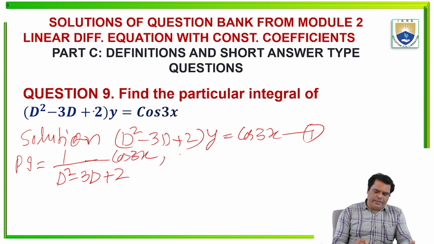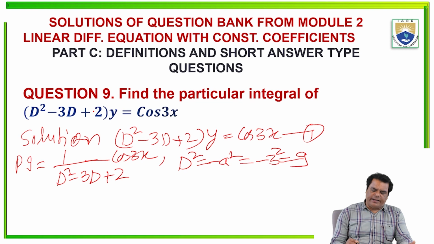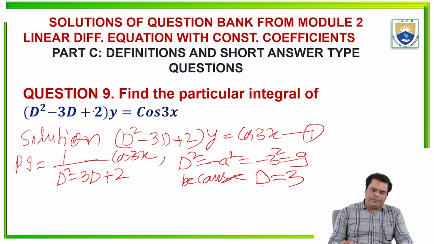So putting D square equal to minus a square, this equals minus 3 square, equal to minus 9, because cos 3x compared to cos ax gives a equals 3 here.